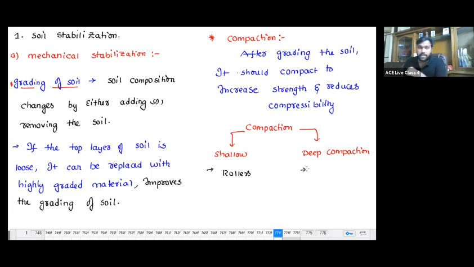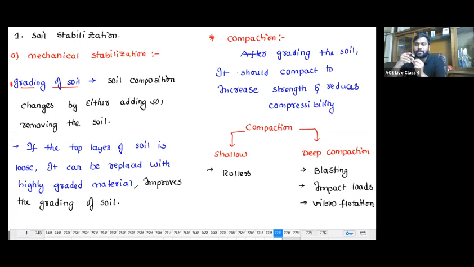And the deep compaction comes by means of blasting technique, by means of impact loads, by means of vibro flotation. You don't need to worry about what those methods are, you just need to know what the various methods are. Okay, so this is about the compaction.